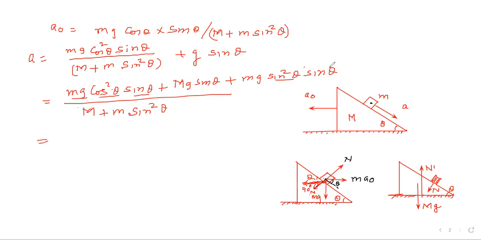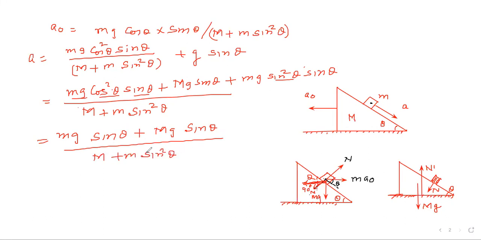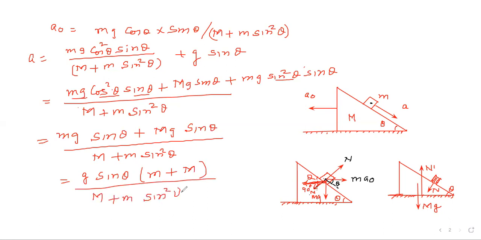So that will become g sine theta times small m plus capital M, divided by capital M plus small m sine square theta.